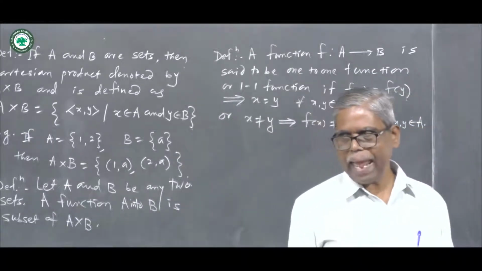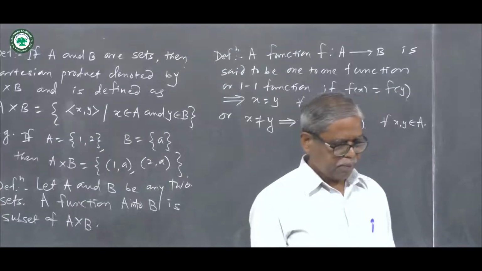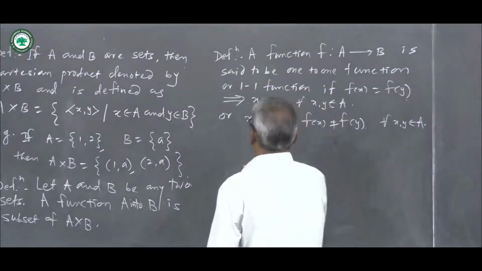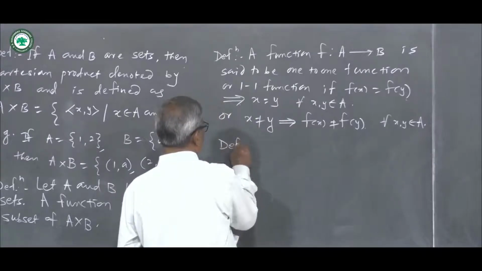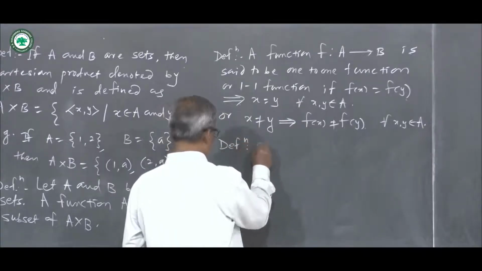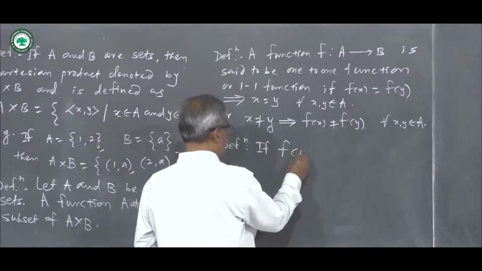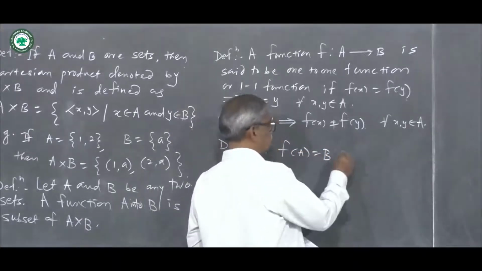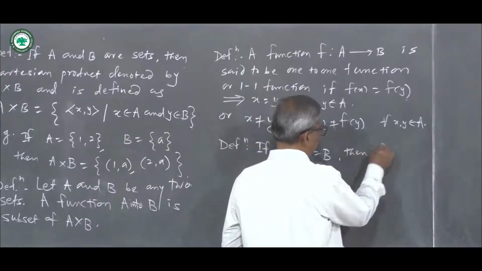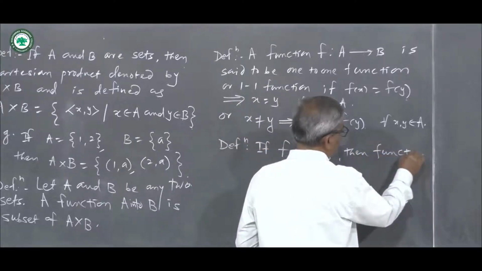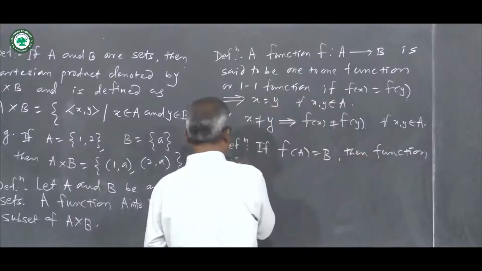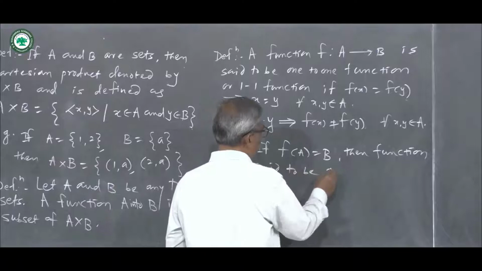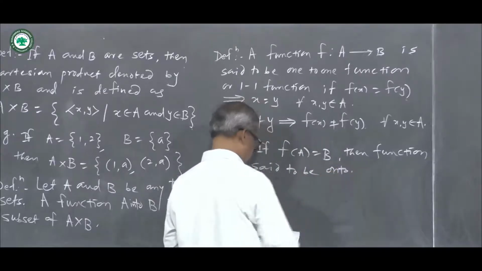If f(A) is equal to B, then the function is said to be onto.